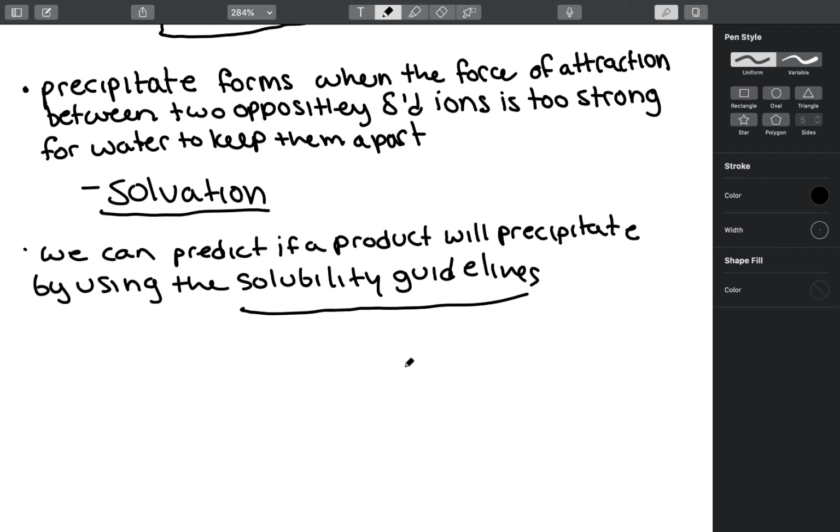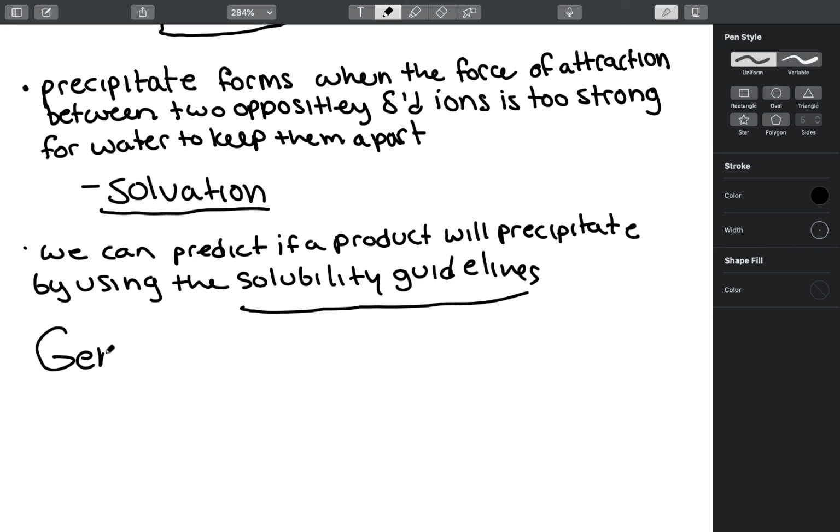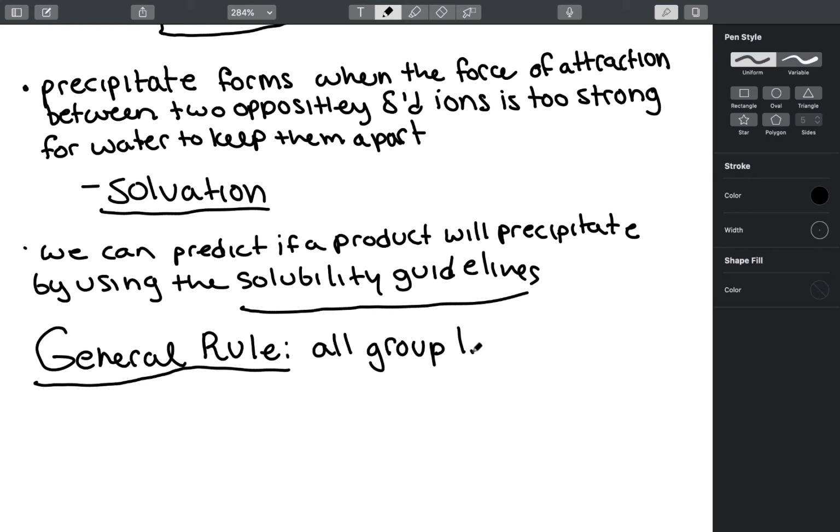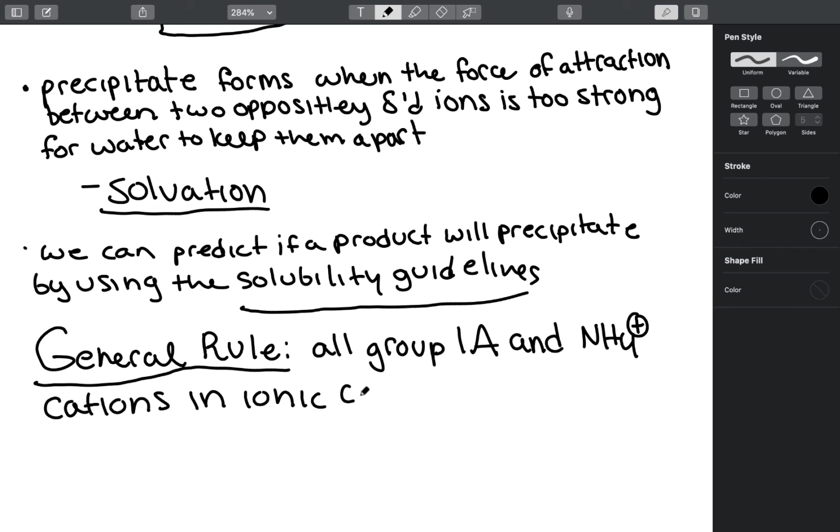But the general rule is that all group 1A, the alkali metals, and NH4+ cations in ionic compounds are soluble.